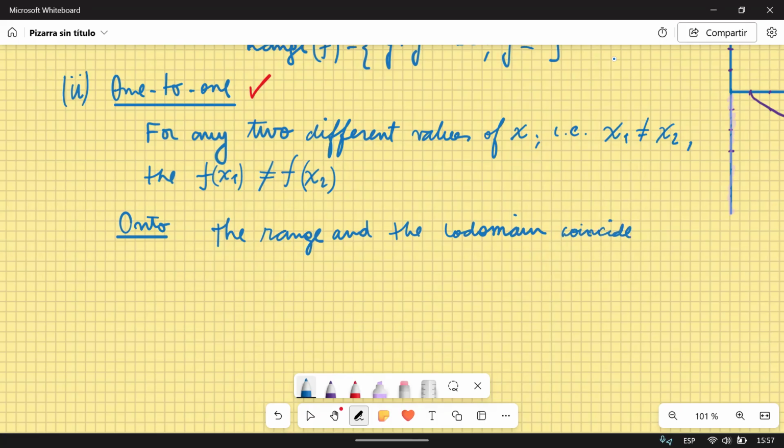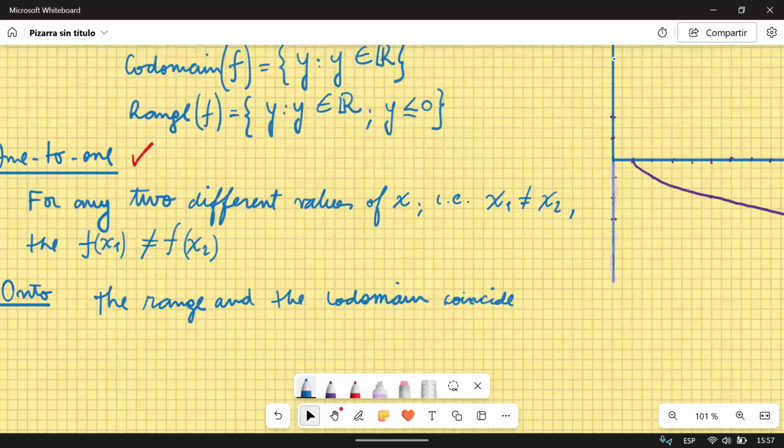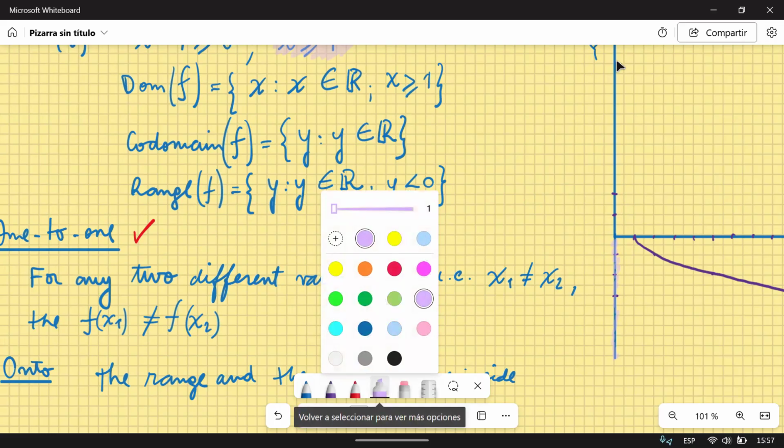And this is not true because we have that the codomain is made by all the real numbers, the negative reals and the positive reals, but the range is made only of the negative reals, so we don't have images for this part of the set. So this is not onto.